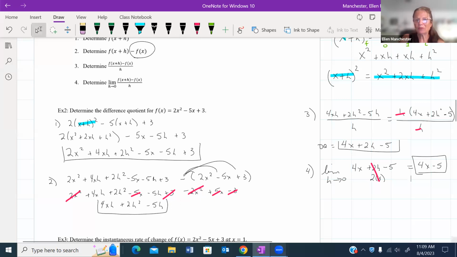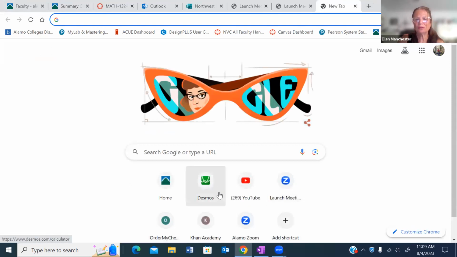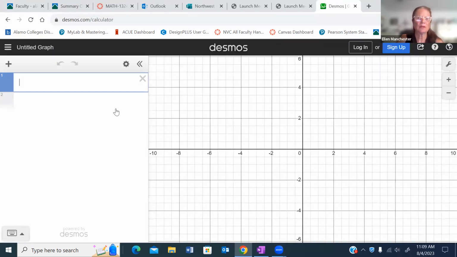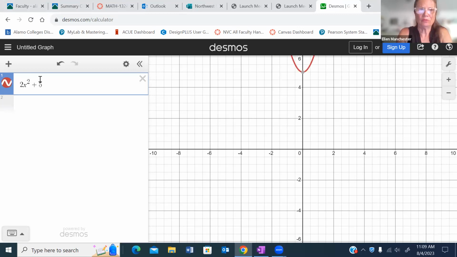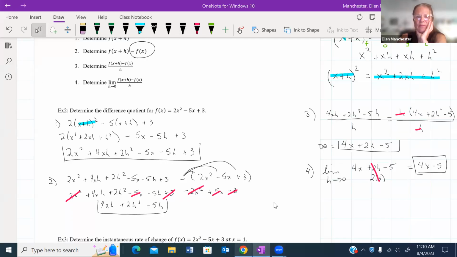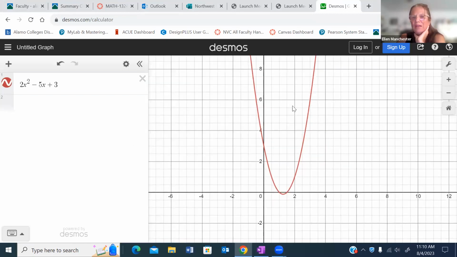Okay, now remember Desmos. Let me go back and show you Desmos. Desmos is a great tool to have open. So we started with 2x squared minus 5x plus 3. Right? Yes. Okay, so here's our graph. Well, remember our instantaneous rate of change says 4x plus 3, right?